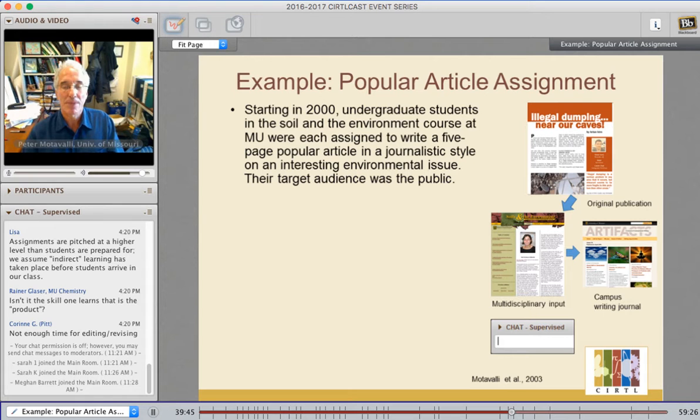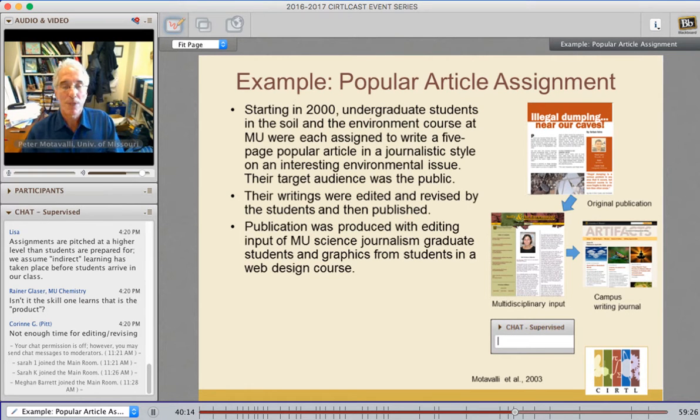And many of them had not had an opportunity to publish their writing. So in general, the target audience for this assignment was the public. They were to pick an interesting environmental issue and write about it. And these writings were then edited and revised by the students, and then they're published.